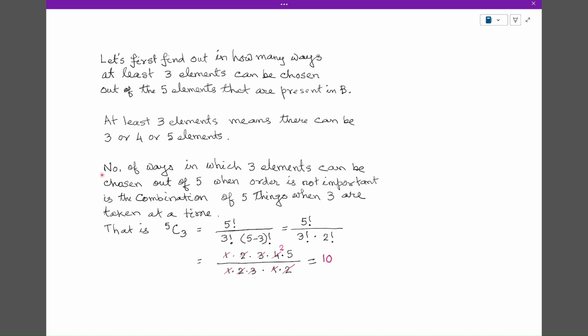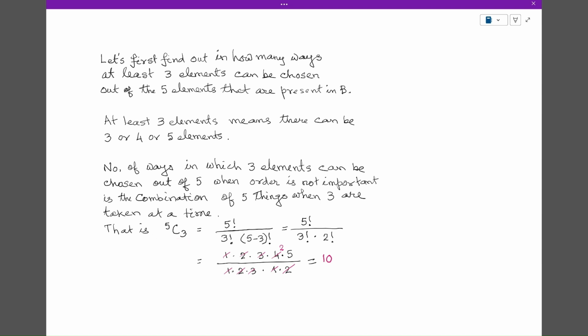The number of ways in which 3 elements can be chosen out of 5 when order is not important is the combination of 5 things when 3 are taken at one time. If order is important, then we would have to take permutation, but here order is not important, so it will be combination. That is, 5C3.